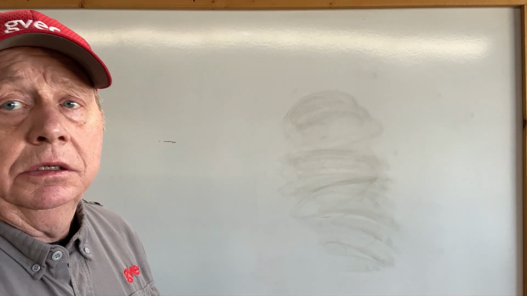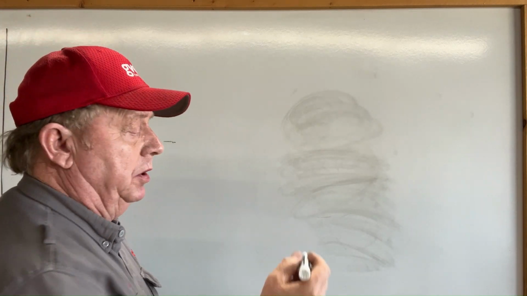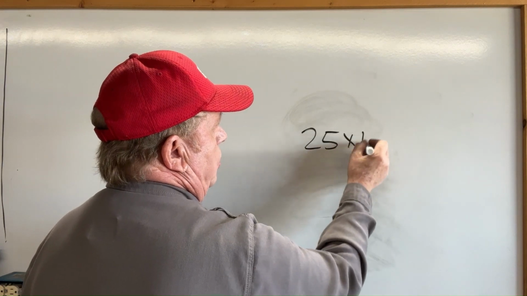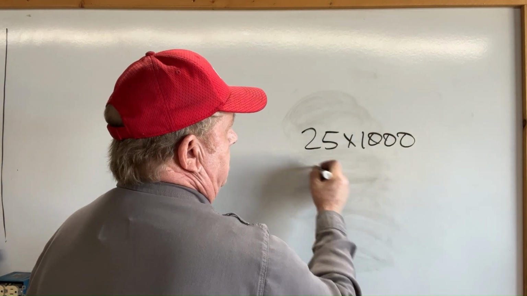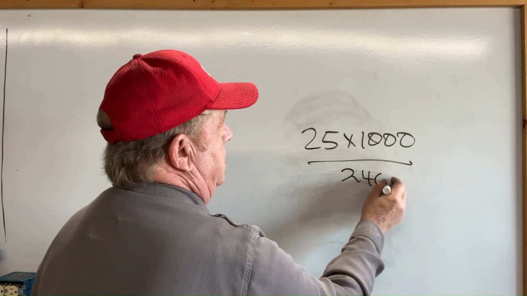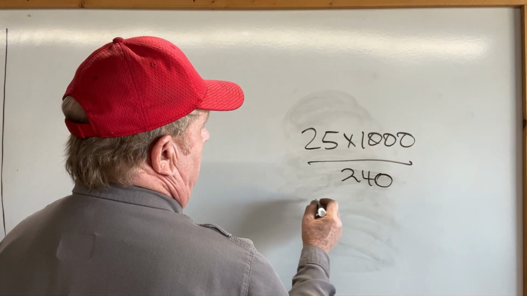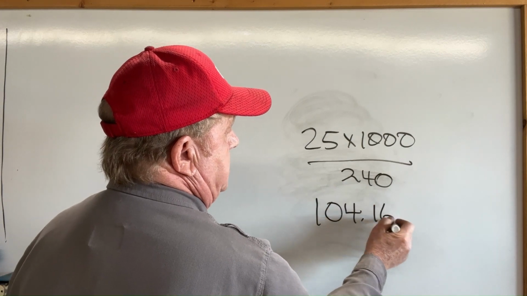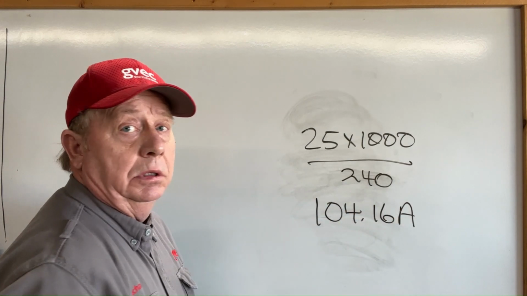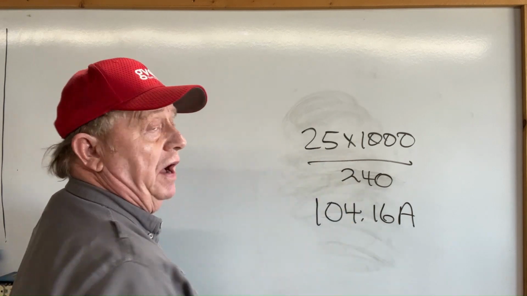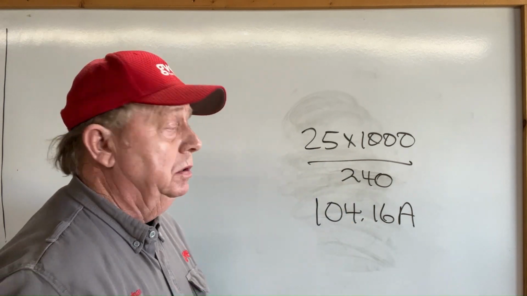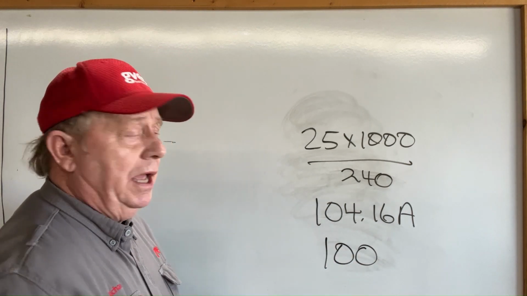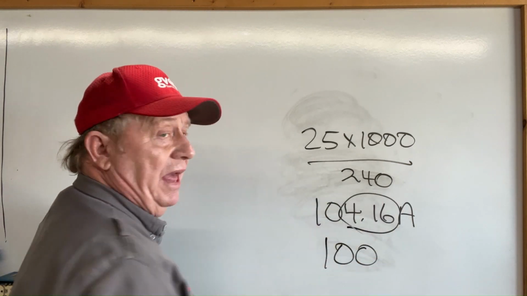Let's do a 25 kVA transformer. 25 times 1,000 over 240 is 104.16 amps. If we take the 25, multiply it by 4, the answer is 100. One more time, how important is that?